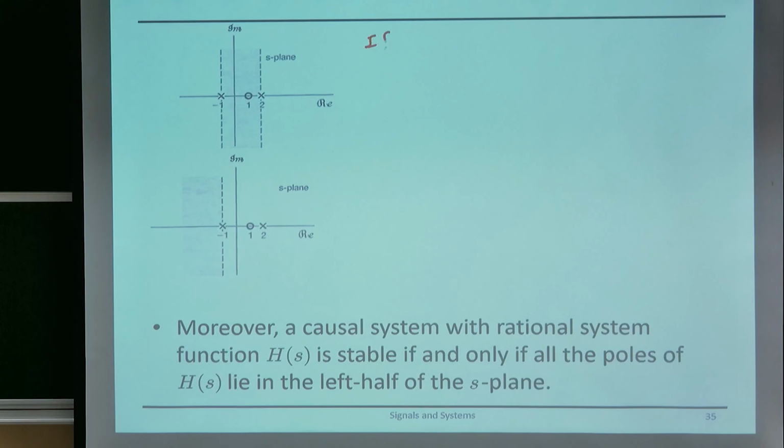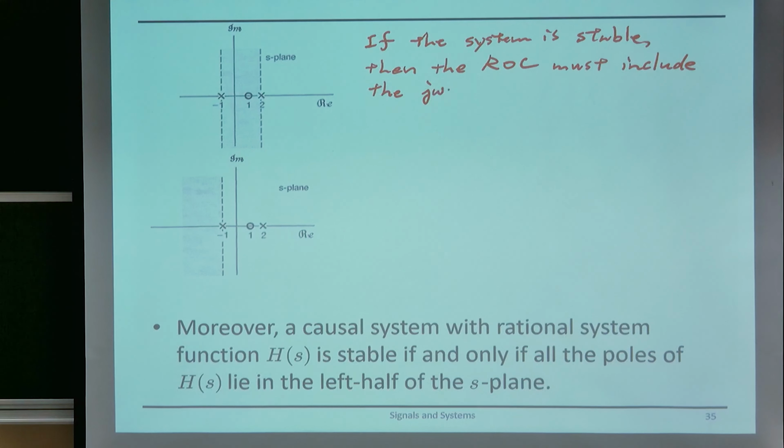So if the system is stable, then the ROC must include the j omega axis.